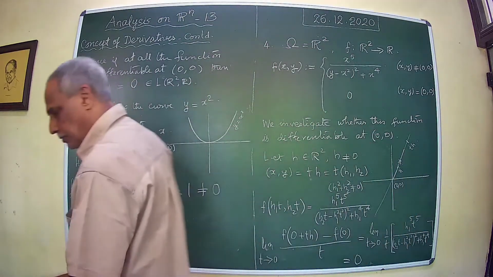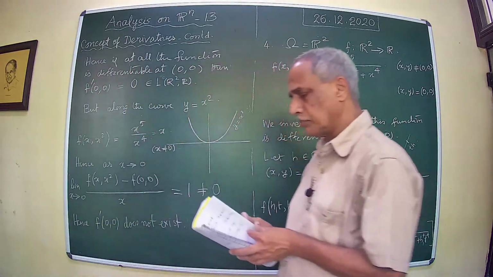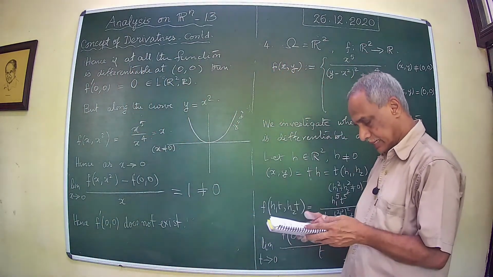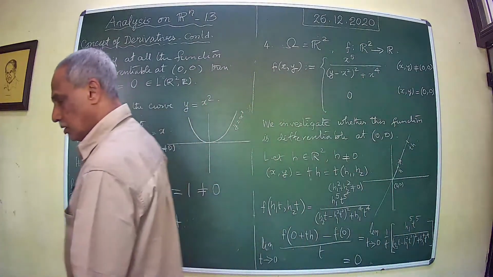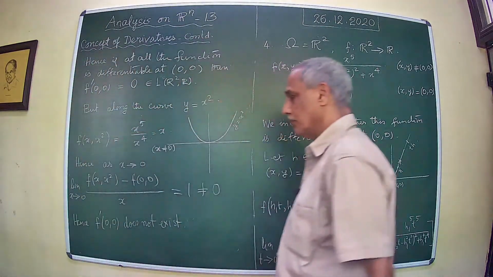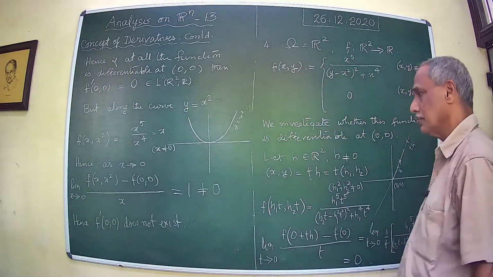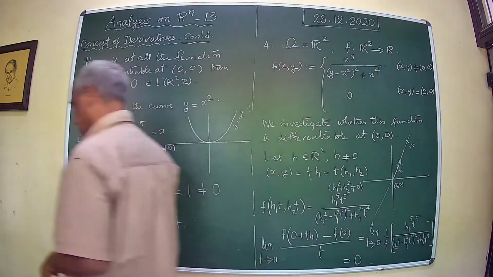So these are some of the examples which throw some insight into the kind of problems that we encounter. The function is differentiable along every line passing through the origin. However, the function is not differentiable along some other curves which pass through the origin.